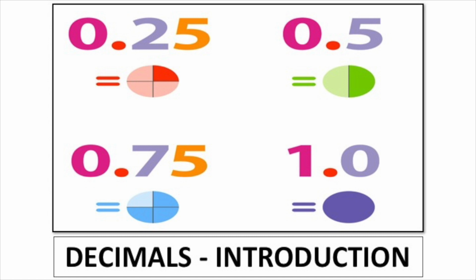And this is represented as a decimal 0.25. Yes, 1/4. But then, if we add another part to our fraction, we have 1/2, which is half. So as a decimal, it's represented as 0.5.